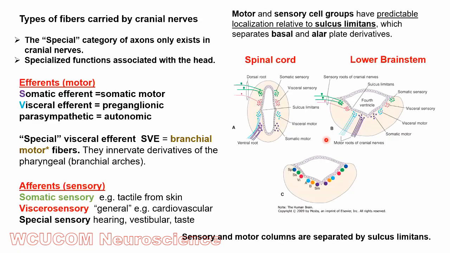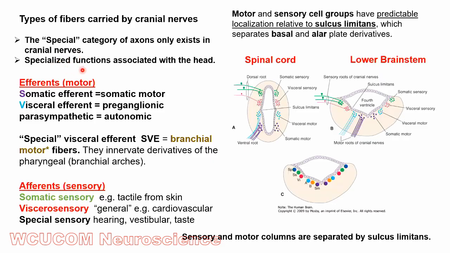All right, so with that, let's delve into the meat of the material and identify the types of fibers carried by cranial nerves, keeping in mind that the so-called special category only exists in cranial nerves, all right?